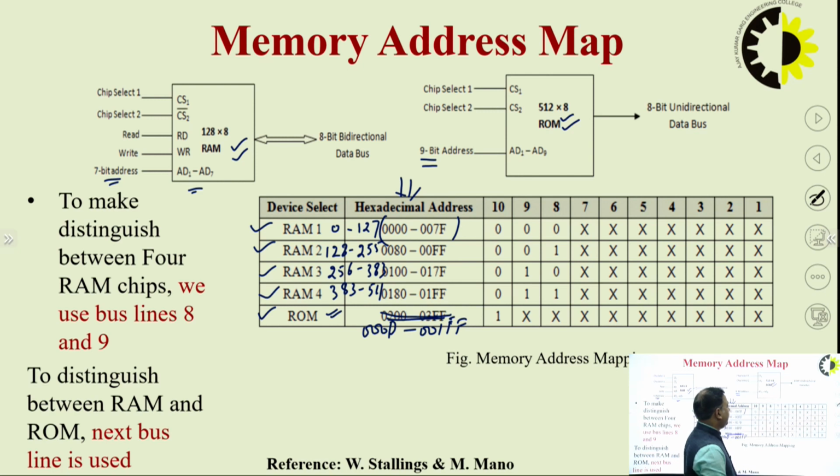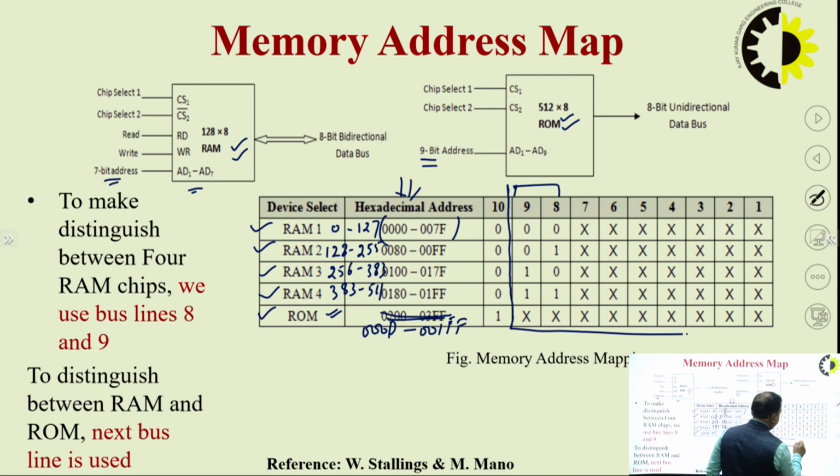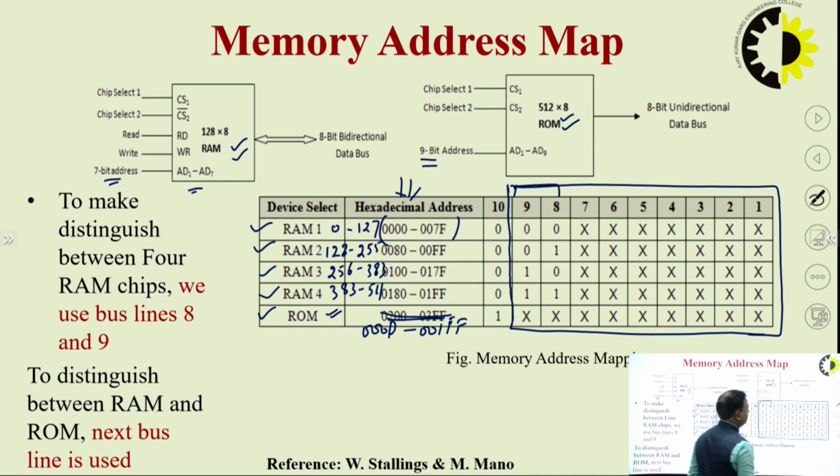This will be decided by bit numbers 8 and 9, because these 9 bits are required for 512 addresses. But out of these 9 bits, the last 2 bits, the MSB bits, will decide the choice of RAM.